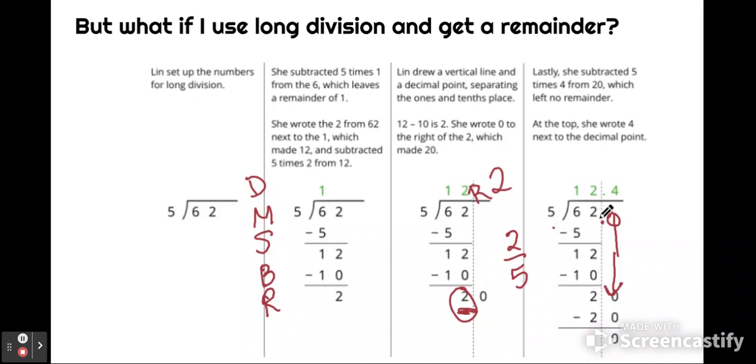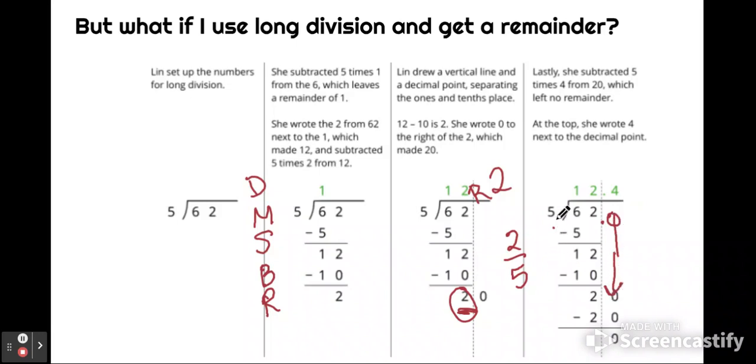But I have to put this decimal point in there, because if I don't, I've changed the value of the number. I've changed it from 62 to 620 or 6,200. But as long as I have that decimal point in there, I can use as many zeros after it as I want.